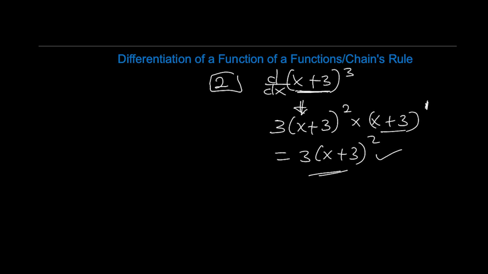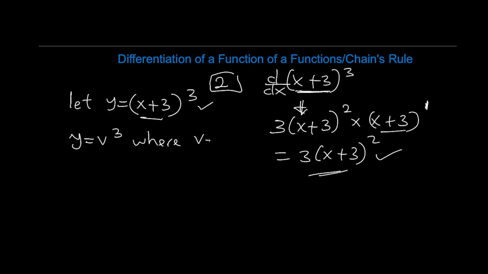And if you don't want to do it this way, you can solve it in another way, like giving the expression a letter. Let y be equal to (x plus 3) cubed. Actually, for this kind of question we can use the product rule, but the product rule will waste time. This is faster. In this case, y will be equal to v to the power 3, where v is x plus 3.